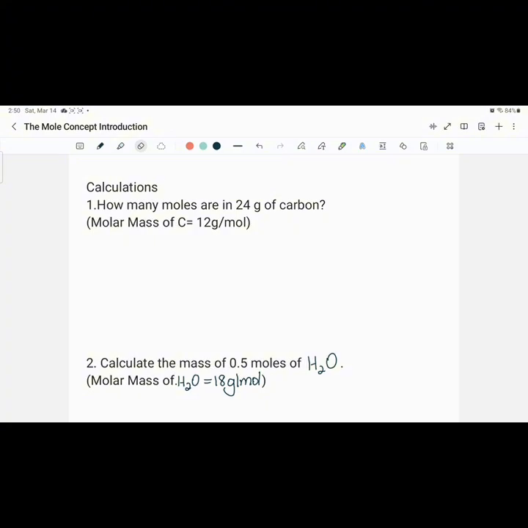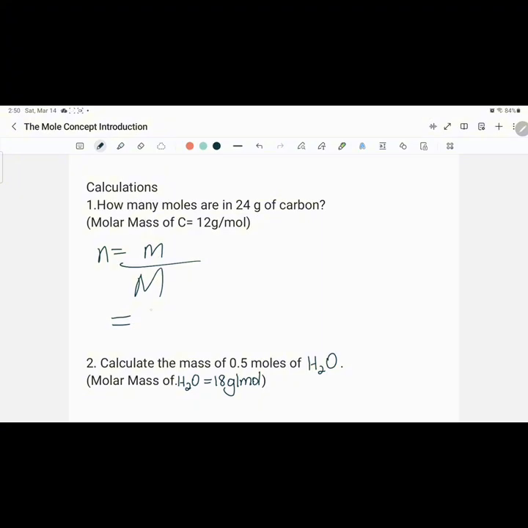So here we could see that one, there is a mass given, and two, there is a molar mass given as well. So the formula we use when a mass is given is n equals little m, which stands for mass, over big M, which stands for molar mass.